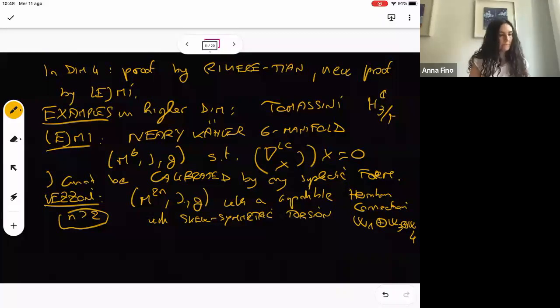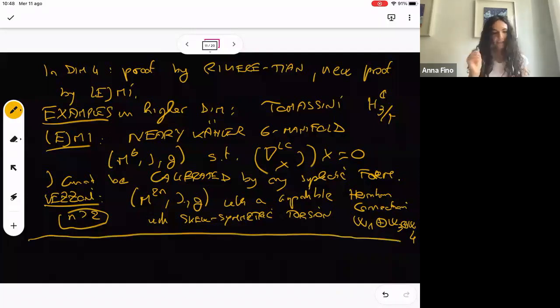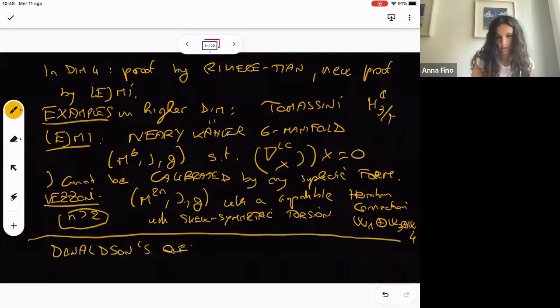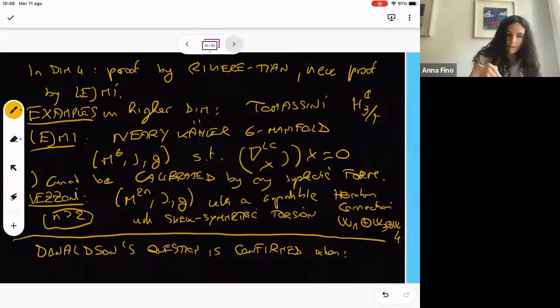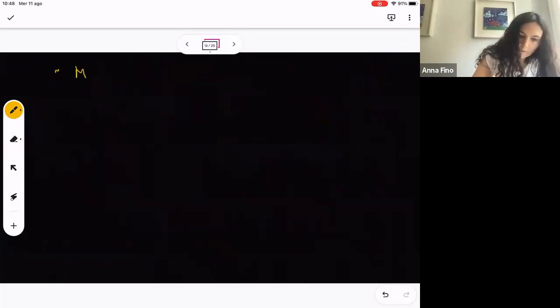Okay, again. Good. Let's see when the question is confirmed. We saw already a case when Donaldson's question is confirmed. In complex dimension 2, a case where it's confirmed is CP2.